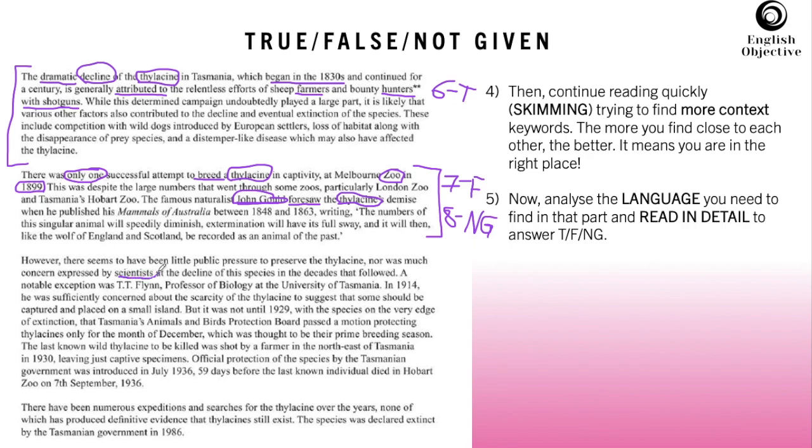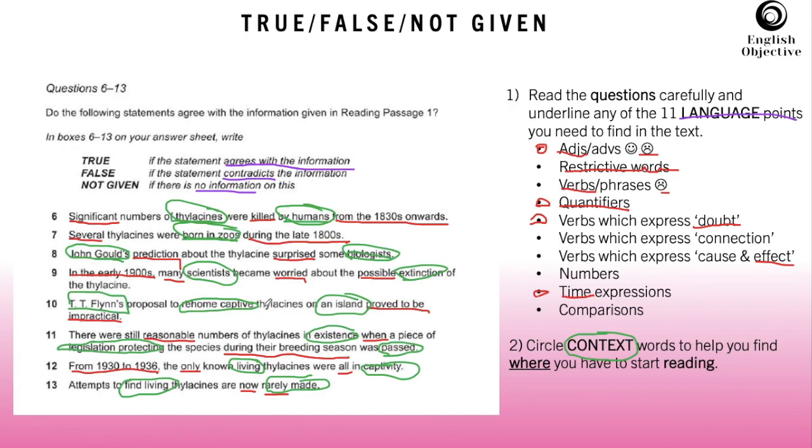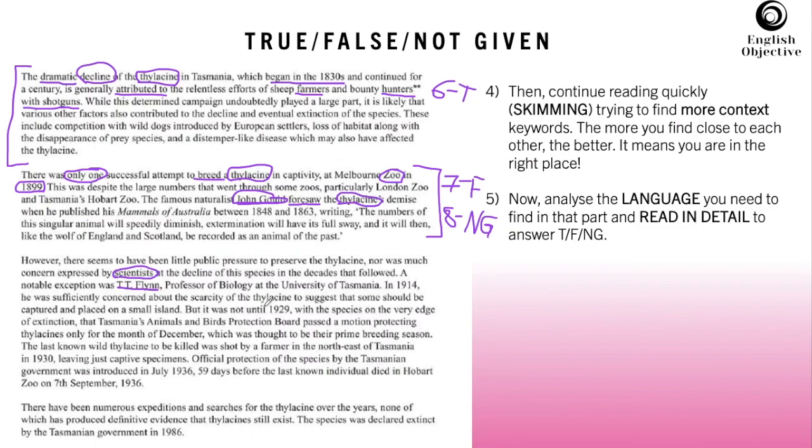Scientists. So this is one of my keywords. Okay, and I notice that I have the next name for the next question in 10. So that's a little bit suspicious, because if they're giving me some of the context keywords of the following questions, probably it means that question 9 should be around there. Now, what I have to do is read in detail.